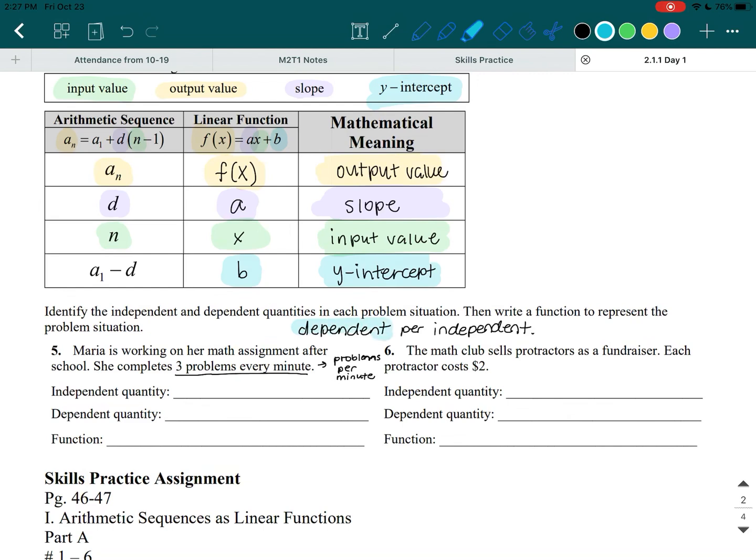Let's start off with the first word, which is dependent. So what happens before the word per is problems. So problems is our dependent quantity. Let's take a look at the second word. So the second word is independent, and in our example, we have minutes. So minutes are going to be our independent quantity.